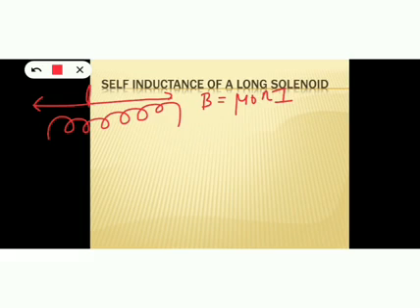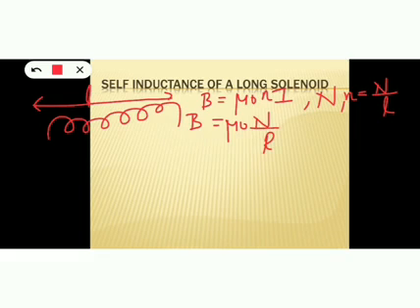Now here let capital N be the total number of turns, then small n is equal to capital N divided by L. That means the total number of turns per unit length of the solenoid. So here we can write B is equal to mu 0 into capital N by L into I. Now, what is the expression for magnetic flux phi?